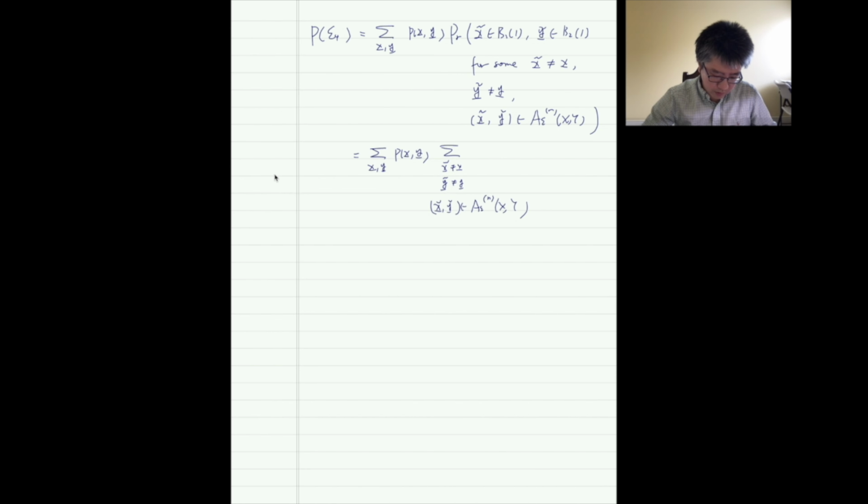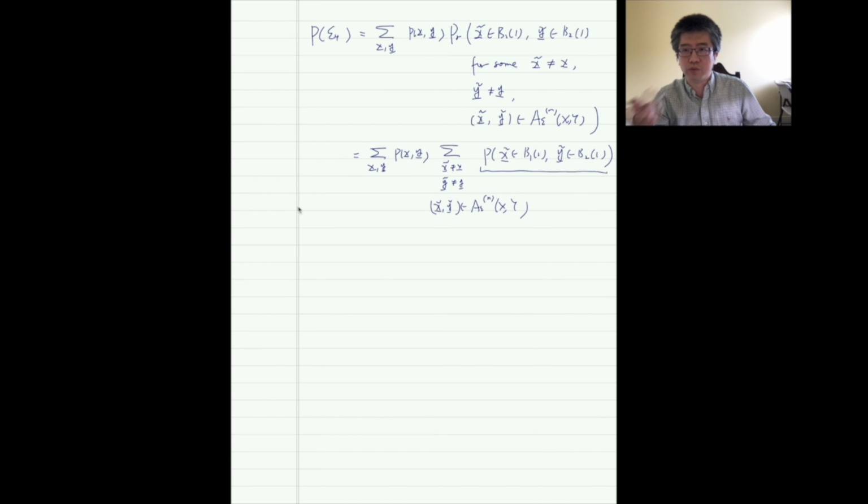The probability here is that x tilde is in B11 and y tilde is in B21. Because of the random binning, we assign the bin indices independently between x and y. Therefore, this equals nothing but 1 over m1 multiplied by 1 over m2.